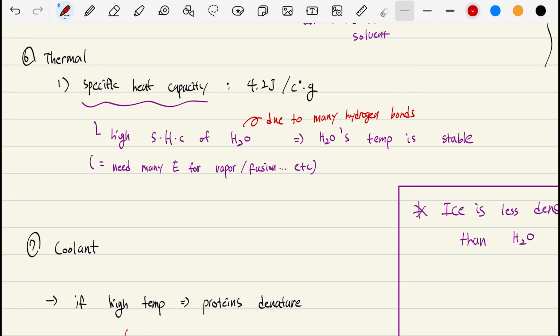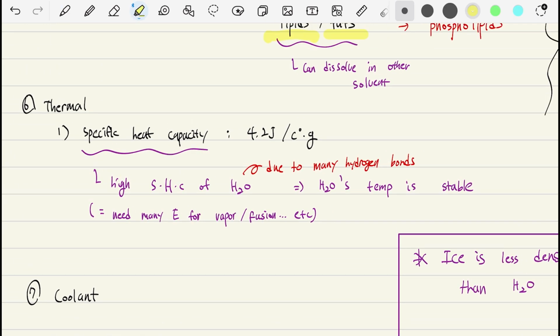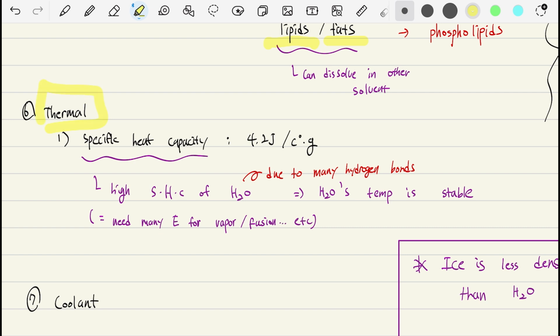And the fifth characteristic of water would be the thermal parts. This part usually talks about the specific heat capacity of water. What we mean by specific heat capacity is the energy needed to heat up a substance 1 degree Celsius when the substance is 1 gram.